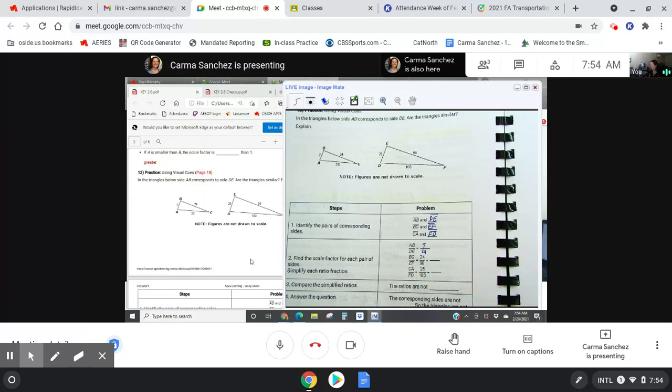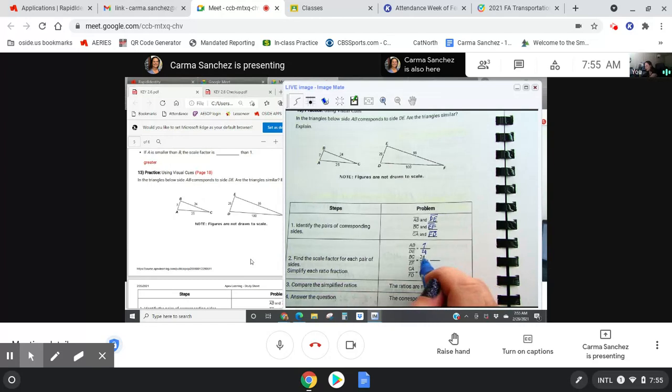Let's test what else might be able to go in. 96 divided by 6. Okay, 6. Let's see if 24 goes into 96. And it does.